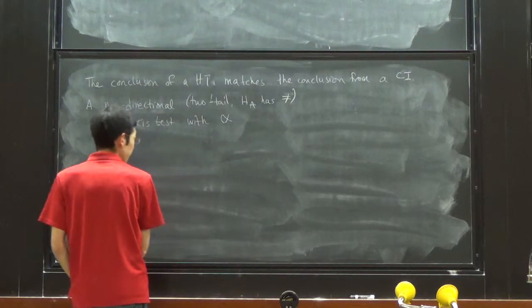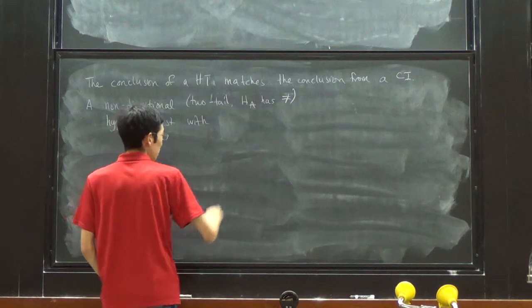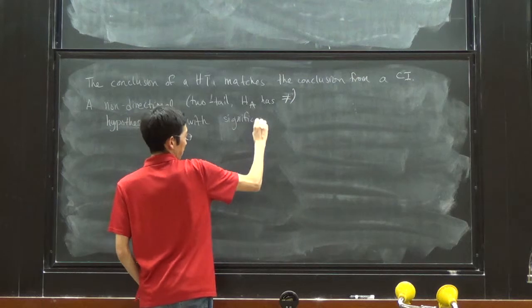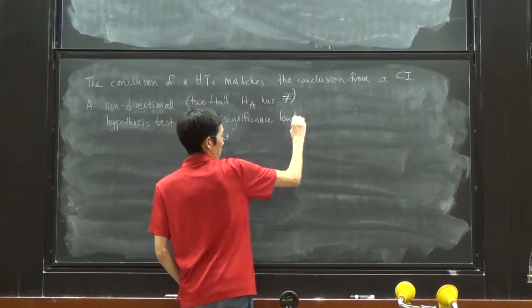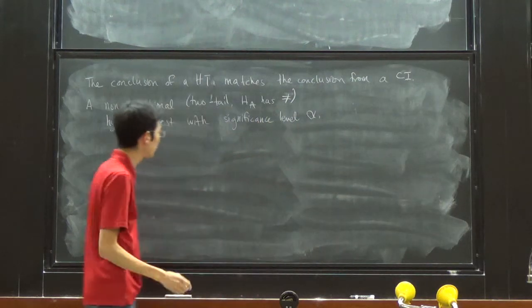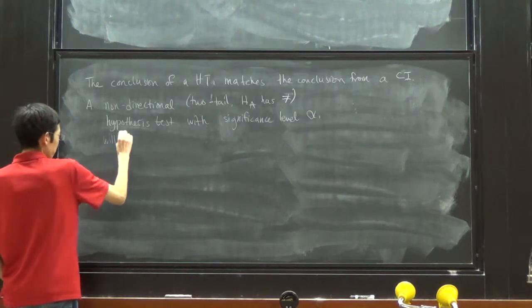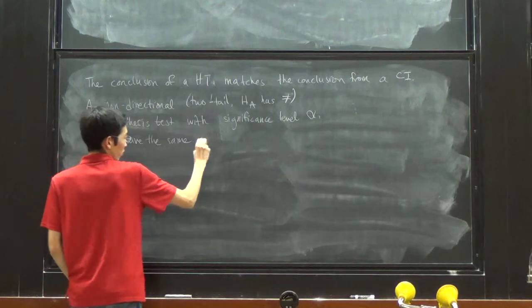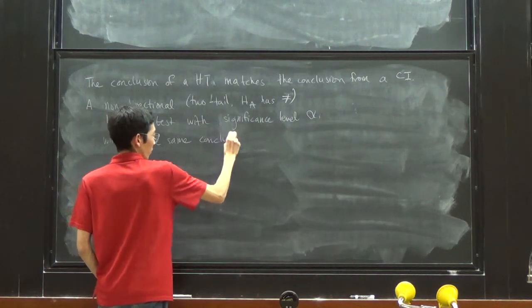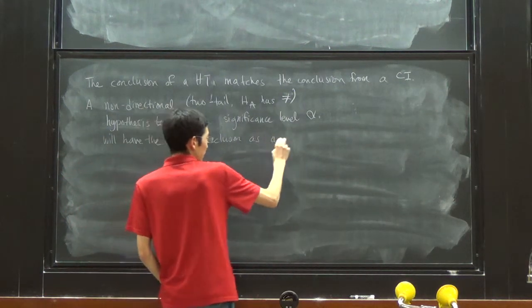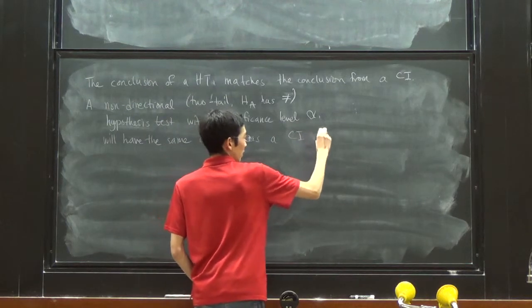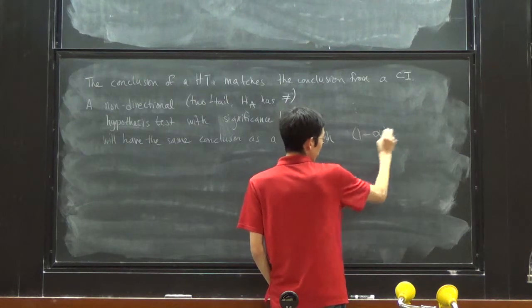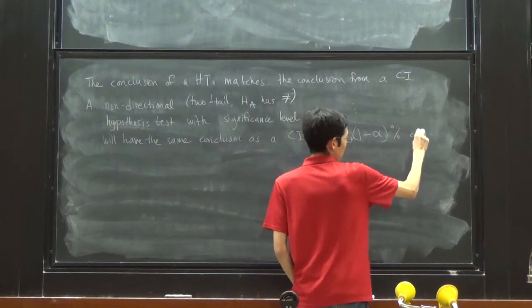with significance level alpha will have the same conclusion as a confidence interval with basically 1 minus alpha % confidence.